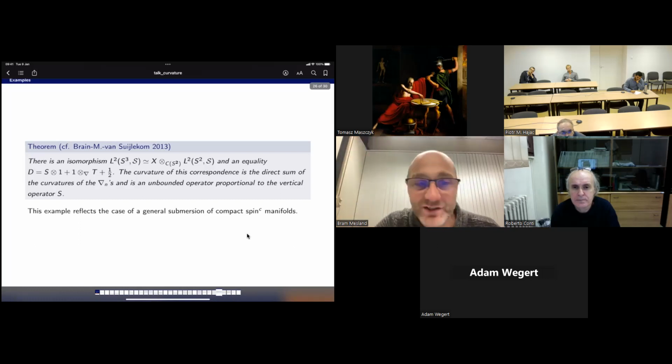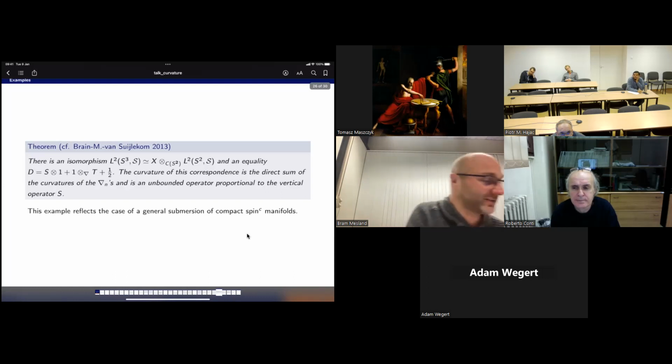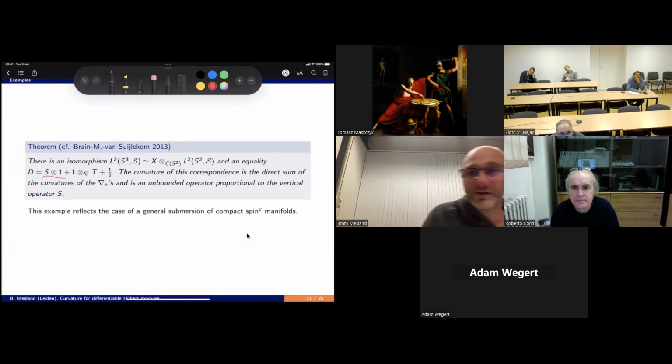This is what you actually see in general submersions between compact manifolds: the curvature operator is always some unbounded operator, but its unboundedness is related to this vertical operator that also appears in the correspondence.